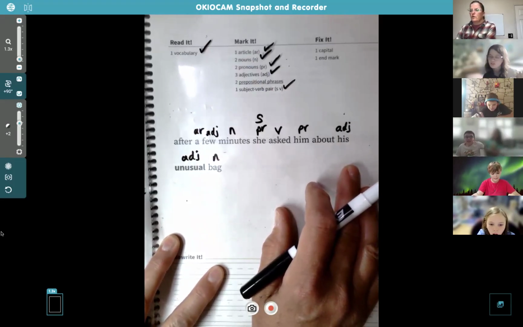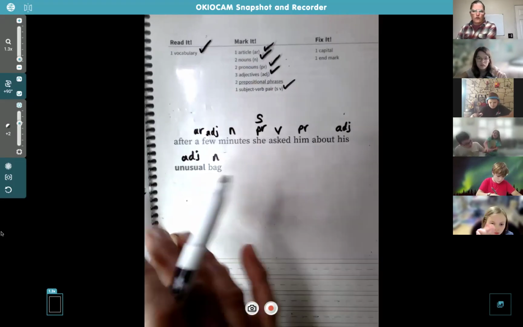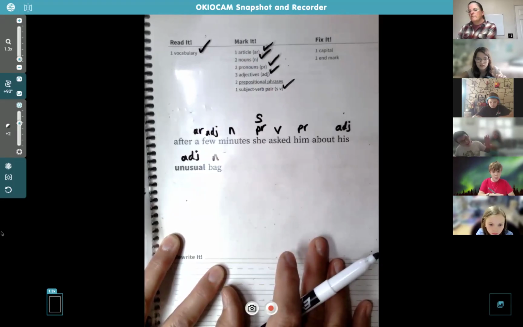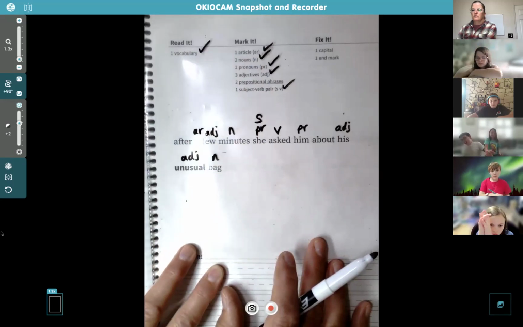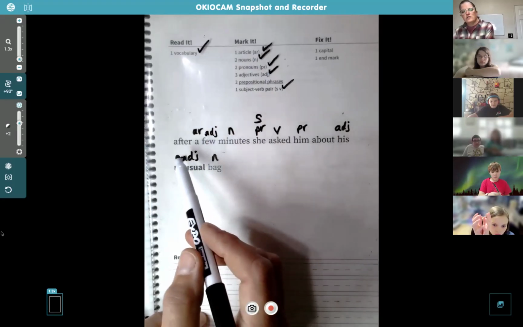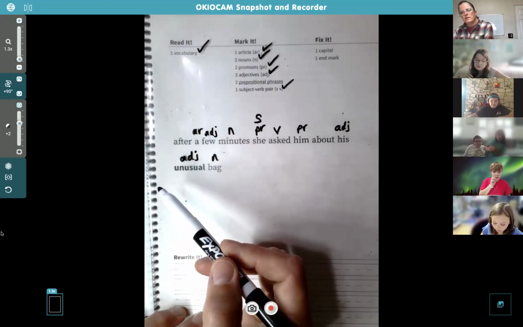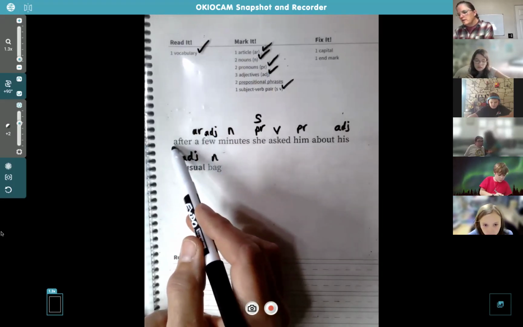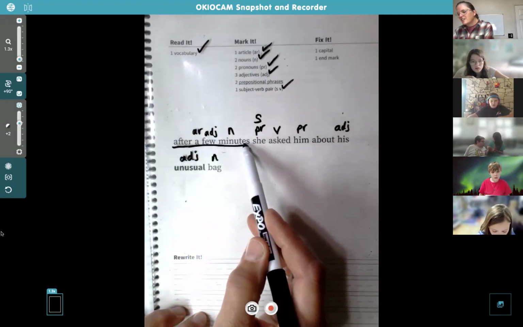Trevor, what about the prepositional phrases? So look at the words that don't have a label yet and see if you can figure out what the phrase is. Looking for words that don't have anything on top of them yet. After. Good. So if I ask you after what should we underline? After a few minutes. Yes, good. You got it.